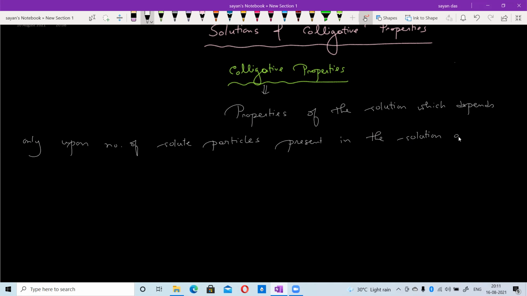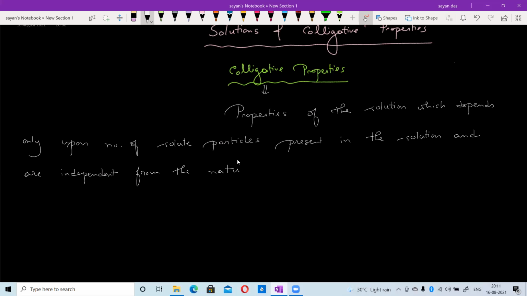and are independent of the nature of solute particles. That means whatever the nature, polar or non-polar, the colligative property does not depend on the nature of solute particles; it only depends on how many solute particles are present in a solution.